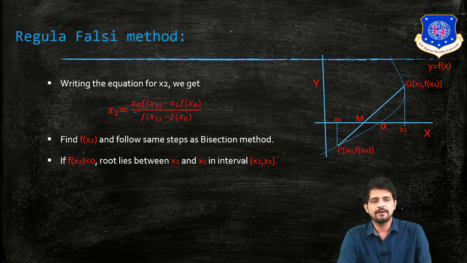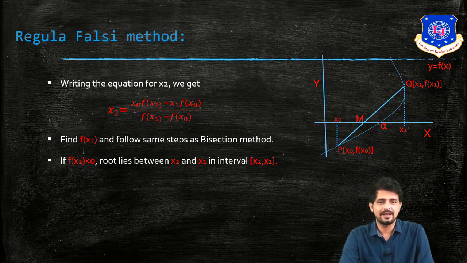If f of x2 is less than 0, then our root lies in the interval x2, x1, because we have to reduce the interval from the left hand side. So instead of x0 we take x2, and our interval will be x2, x1.